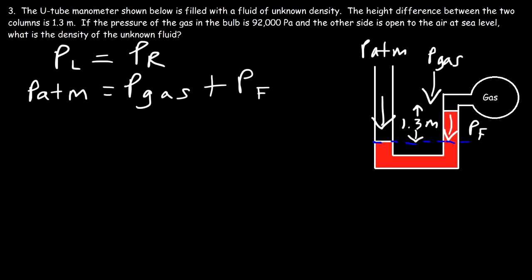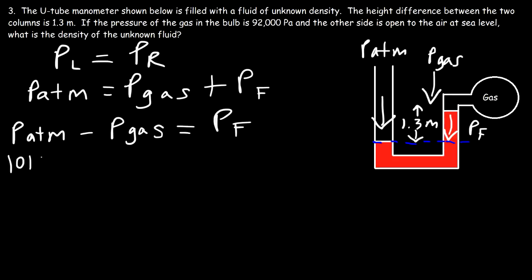Now let's subtract both sides by the gas pressure. So the atmospheric pressure minus the gas pressure is going to be equal to the pressure exerted by the fluid above the reference level. Now the atmospheric pressure at sea level is 101,325 pascals.